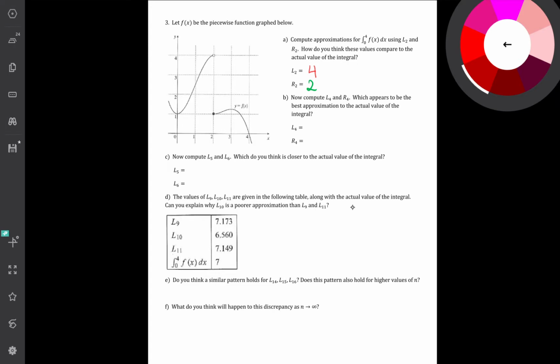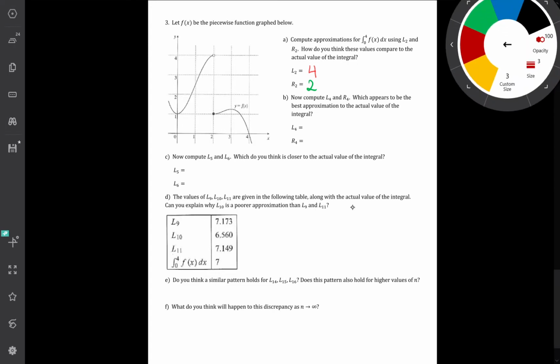Okay, so now our rectangles are each going to be 1 unit wide. We're using left-hand corners again. So the first one is also going to be 1 tall. The second one looks like 2.5 tall. The third one's going to hit that discontinuity, be 1 tall. And then the fourth one is going to be just a little taller than that.